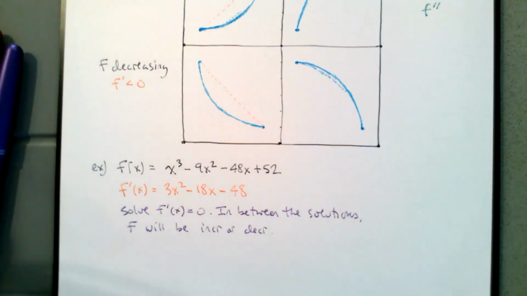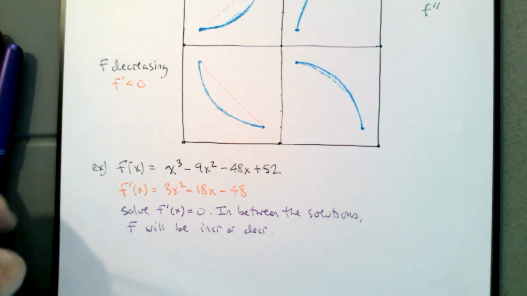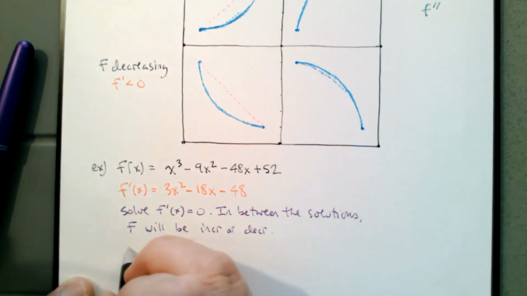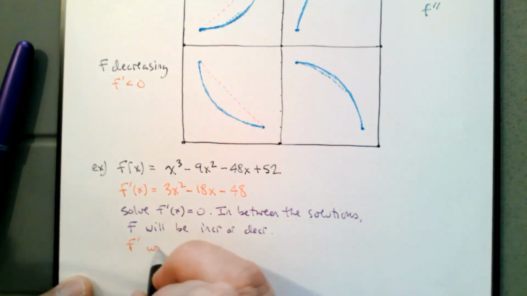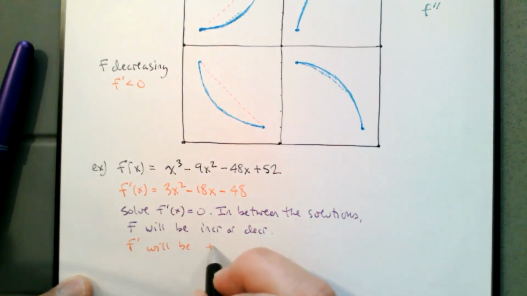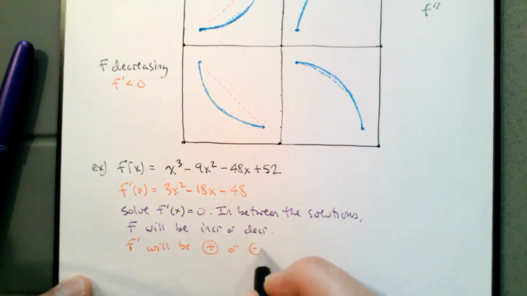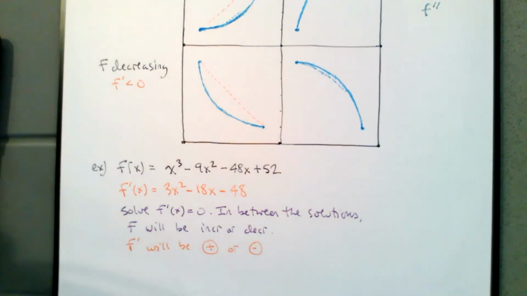Because if f prime is equal to 0 at the 2 points that we know we're going to find, when f prime is equal to 0, it's neither positive or negative. So in between those, the function will be increasing or decreasing because f prime will be positive or negative.